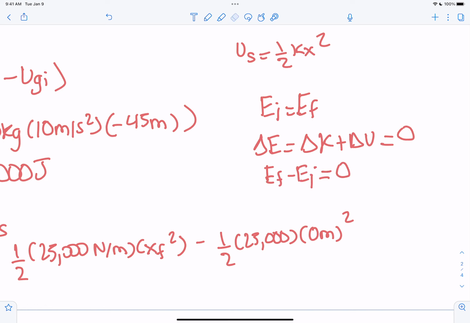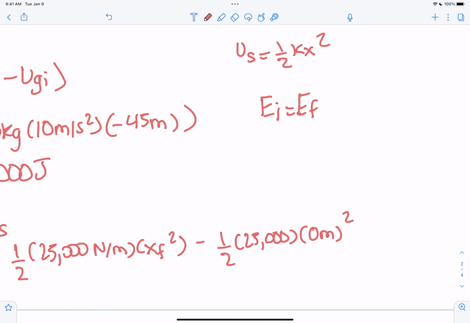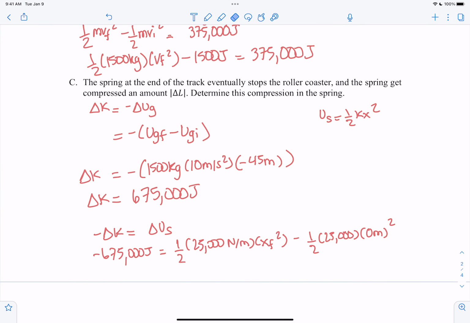So just EF is equal to EI, and then just put in all your different energies. So your initial kinetic energy plus your initial spring potential is equal to your final kinetic plus your final spring potential, right? So I would just do it in that format instead of all the different deltas because that'll just mess everything up. And you can see here that I'm just screwing up the entire night with these stupid, unnecessary mistakes.